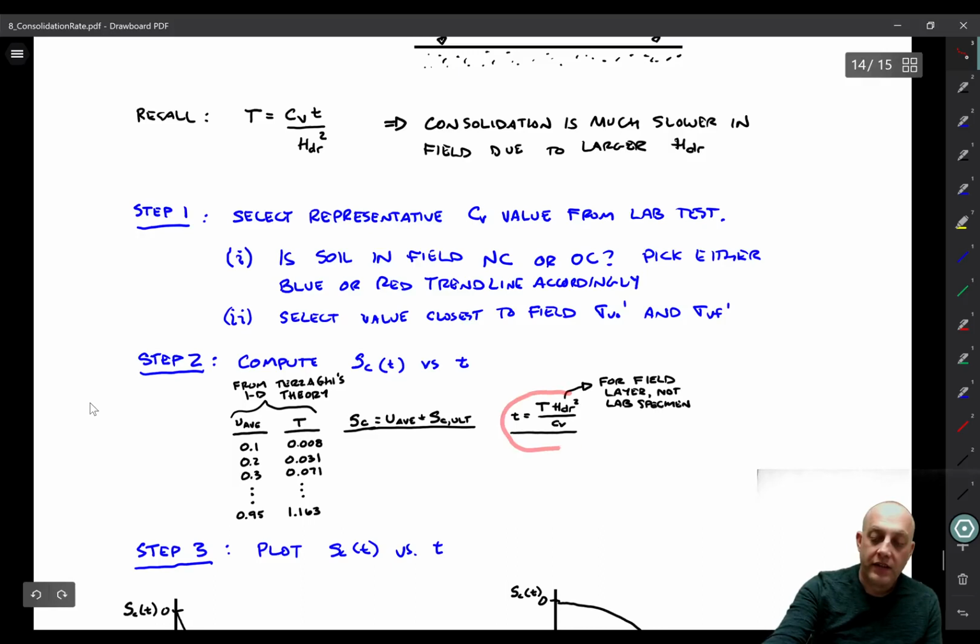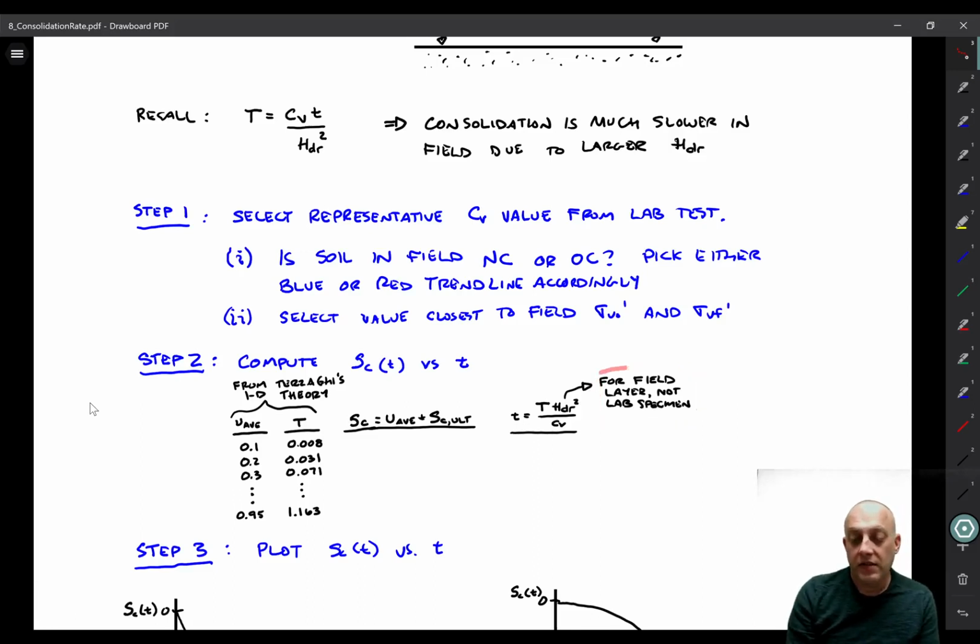Then you calculate the time. Lowercase t is equal to time factor, which you've already got in this table, times drainage path length squared. And note that that drainage path length is not for the laboratory specimen. It's confusing, I know, because you've got one test that's done in the laboratory, and you have a drainage path length for that lab specimen. Then you have the field loading condition, and the drainage path length is much longer.